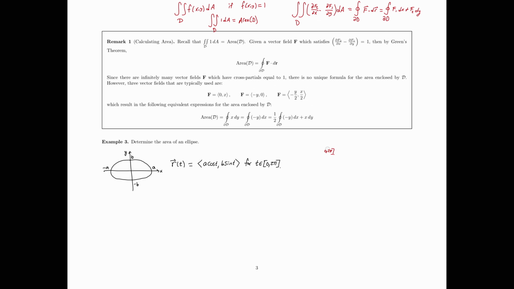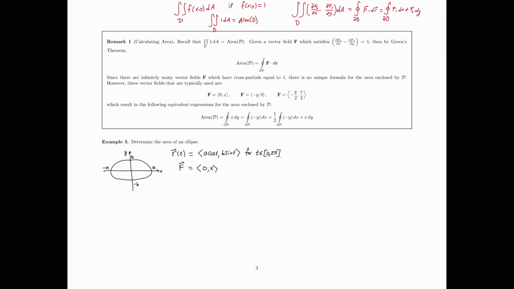And this is the correct parameterization for an ellipse. So now that we have that parameterization and a domain for it, let's use our vector field. Let's define capital F to be this first vector field up here. Doesn't matter which one you pick, but let's choose that one for our purposes.